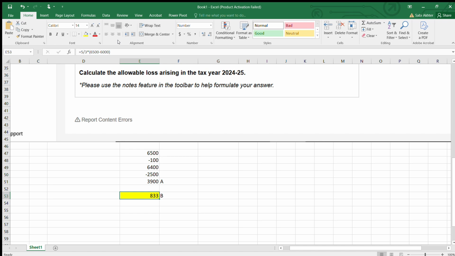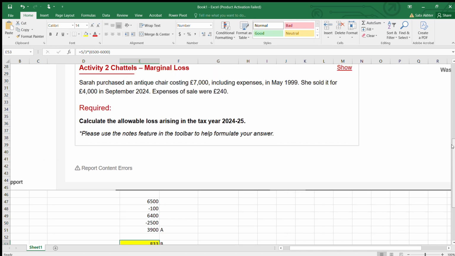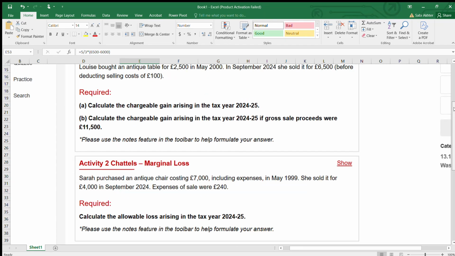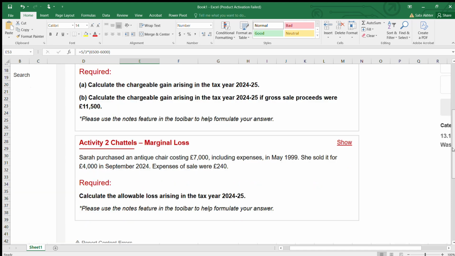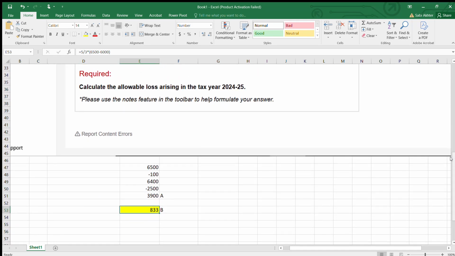Now, let us move to part B, where your sale proceed is 11,500. Gross sale proceed. So now, what happens?